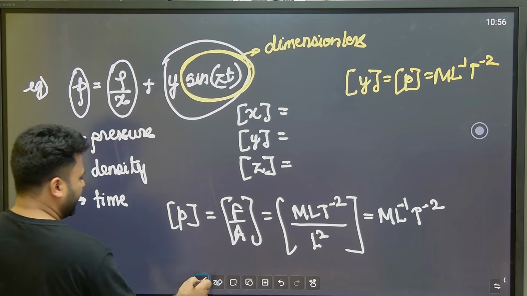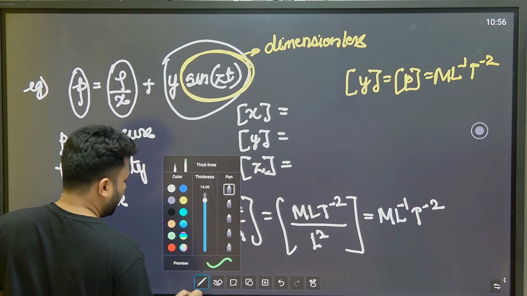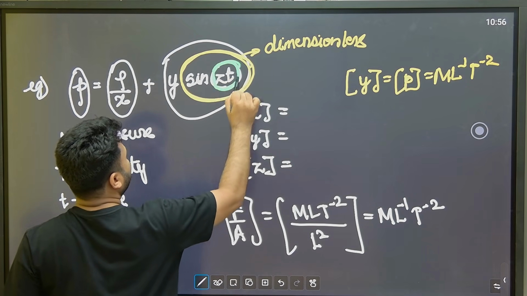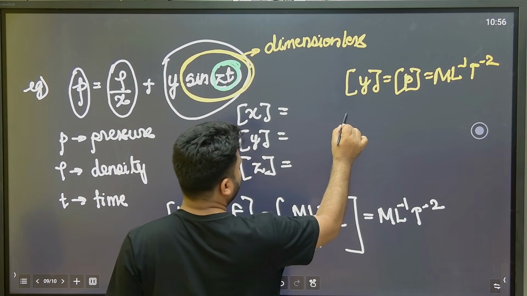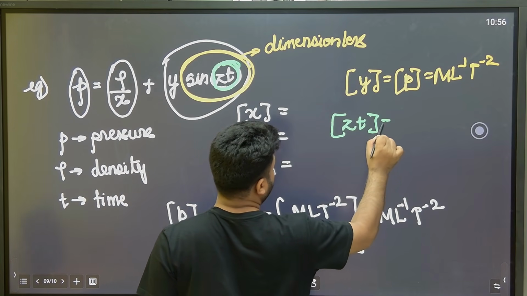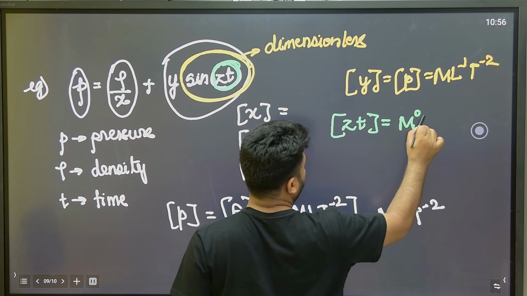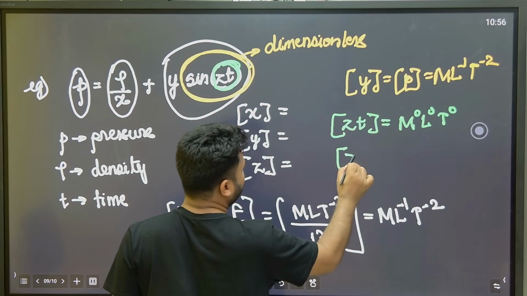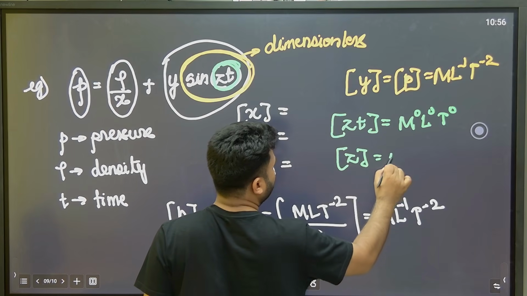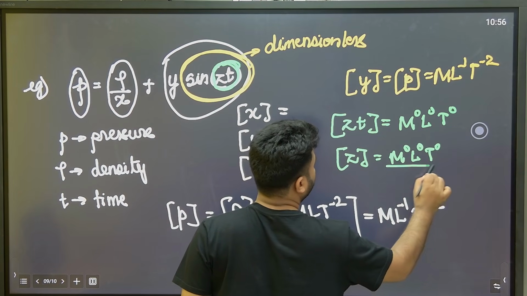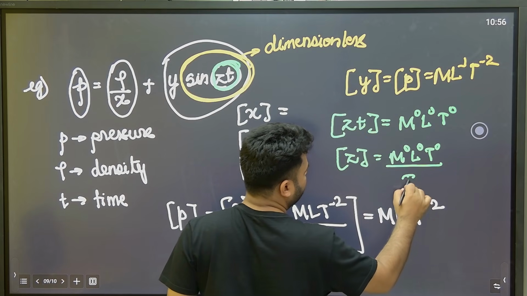Now I told one more thing. This theta is also dimensionless, which means the dimension of Z multiplied by T is dimensionless, M0 L0 T0. So if someone asks what is the dimension of Z, this time T will come here.